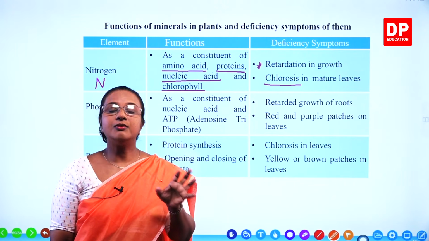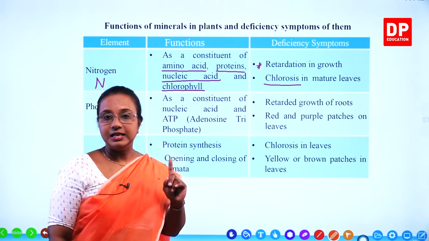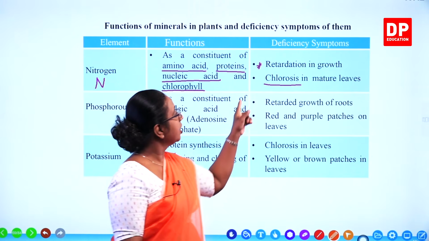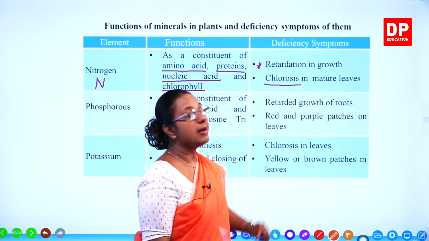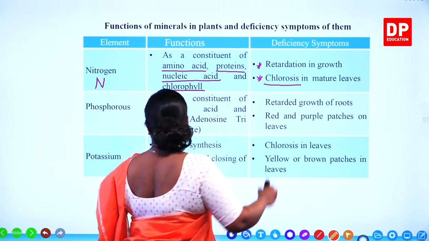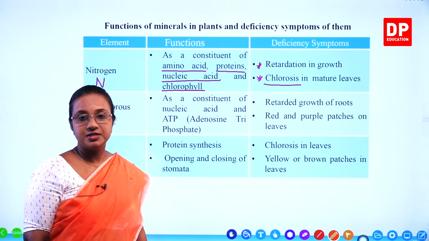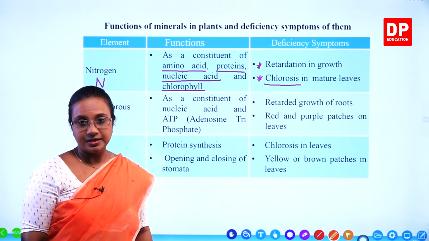So, this particular condition where there is not enough chlorophyll in the plants is called chlorosis. Chlorosis in mature leaves is a deficiency symptom of nitrogen deficiency. So, chlorosis in mature leaves.